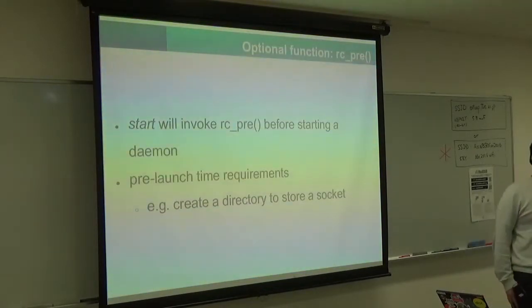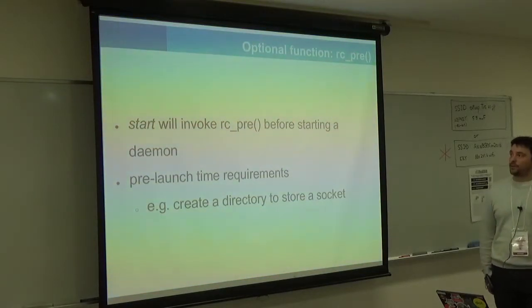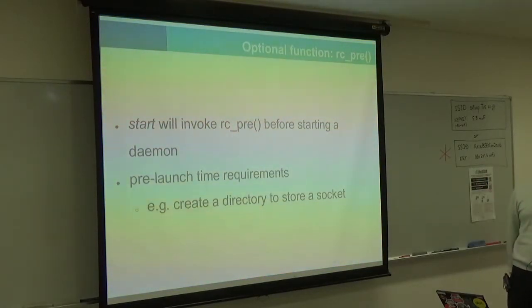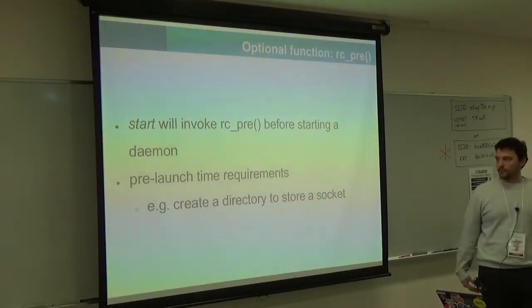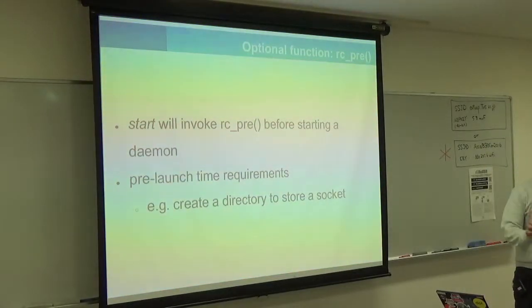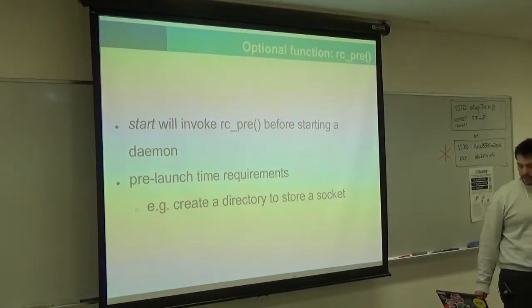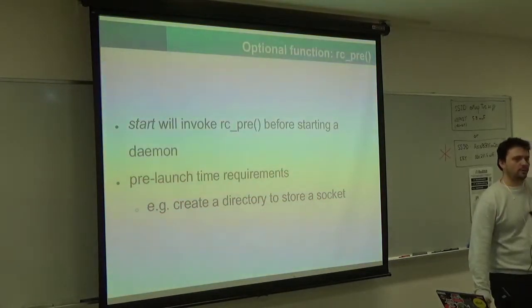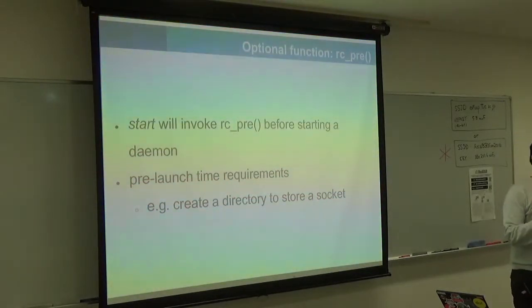We have a couple of optional functions. rc_pre will be run by the start action right before actually starting a daemon. So it's pretty handy if you have pre-launch requirements, like creating a directory to store a socket with proper permissions, or stuff like that. We actually use it with stuff like cups that replace some base system utilities.